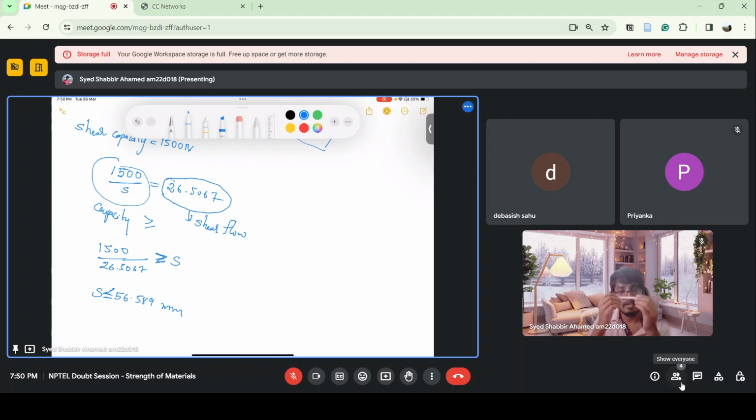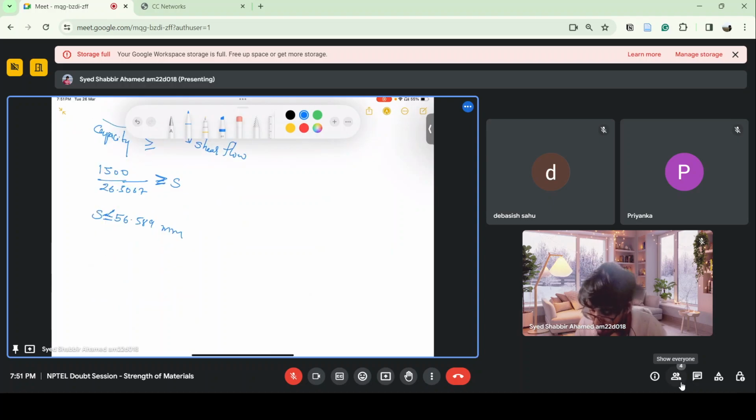Let's say two plates are joined, and you apply an axial load on these plates of 1500 newtons, then the screw will fail if you apply more than 1500 newtons.